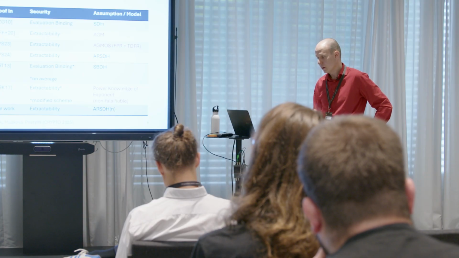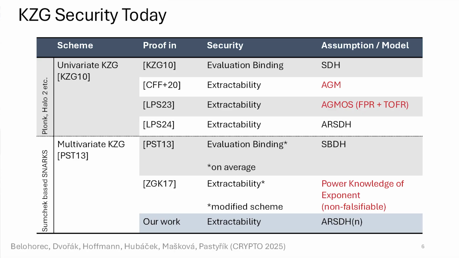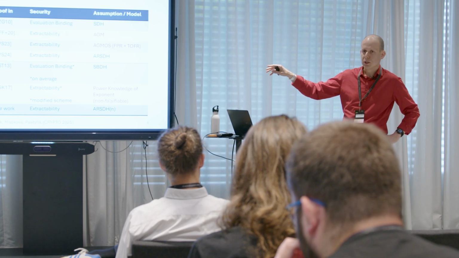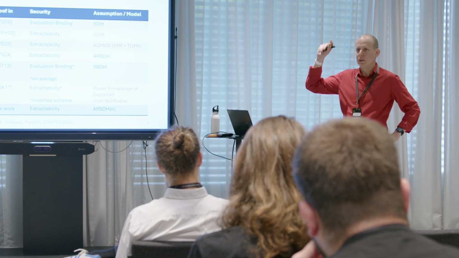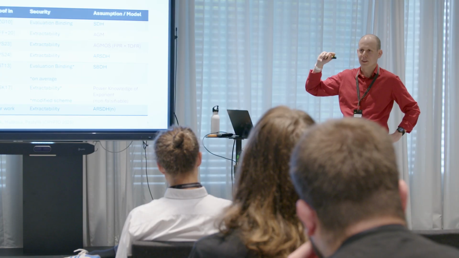So the real question was, can we have a proof of extractability in the standard model? And Lipmaa, Parisella, and Siim in Eurocrypt last year gave a proof of knowledge soundness for univariate KZG under this new adaptive rational strong Diffie-Hellman assumption. I don't want to be technical about the assumption. How I think about it is that it's an interpolation-friendly hardness assumption.